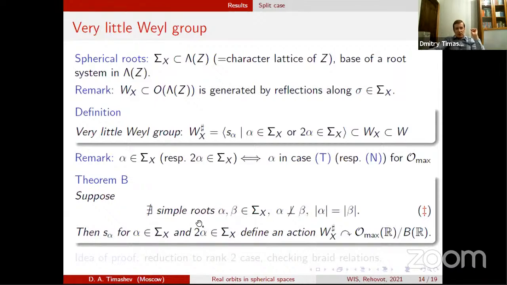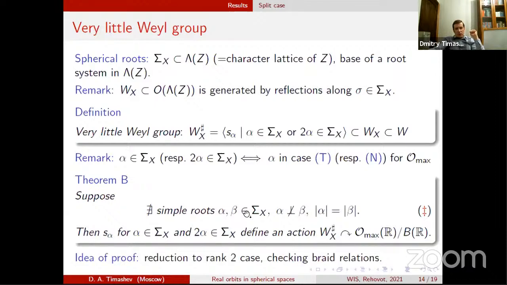Namely, there do not exist two simple roots which are spherical roots at the same time, which have the same length and which are adjacent on the Dynkin diagram of G. If such a pair of simple roots does not exist, then the reflection operators corresponding to the simple roots which are spherical, or whose doubles are spherical, define an action of the very little Weyl group on the set of open Borel orbits.